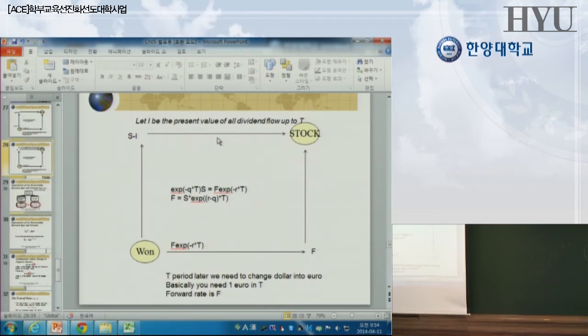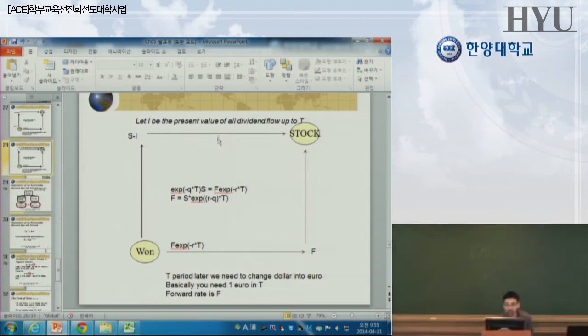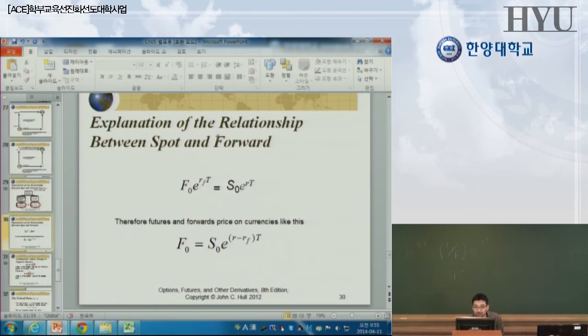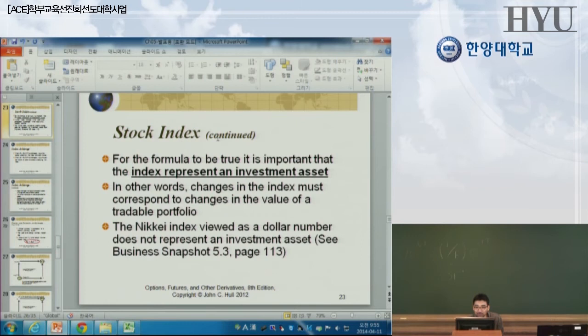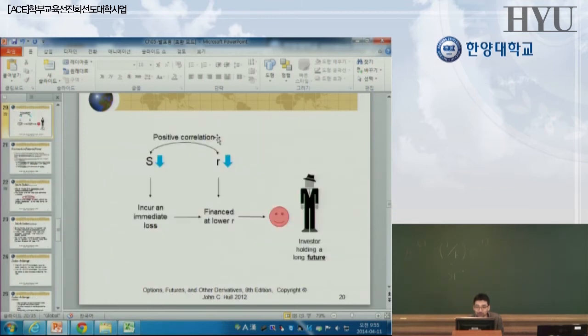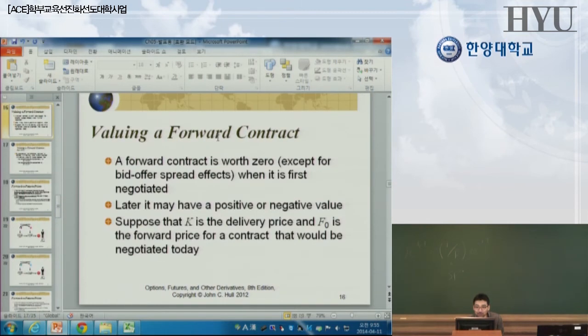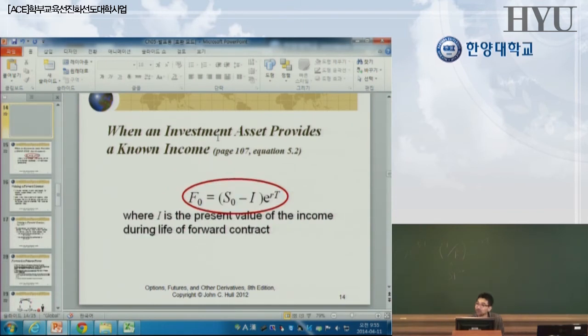Understand? Of course, another way is I put this amount in and do it this way. Then this amount and this amount should be exactly the same. Therefore, our new formula is, where is it, yes, this one.